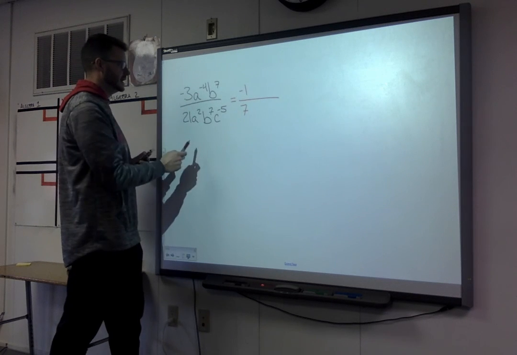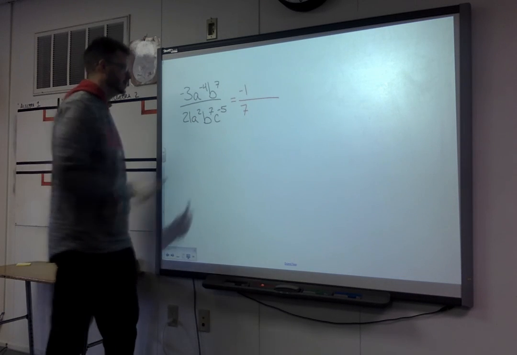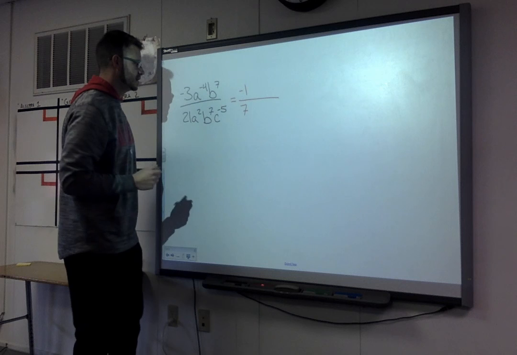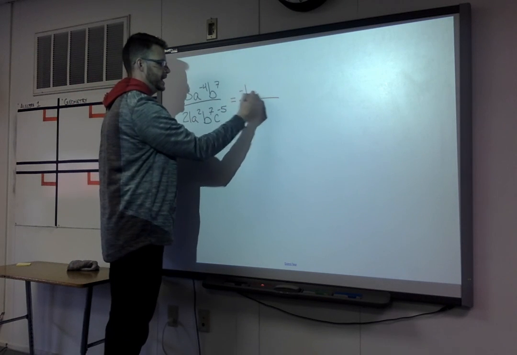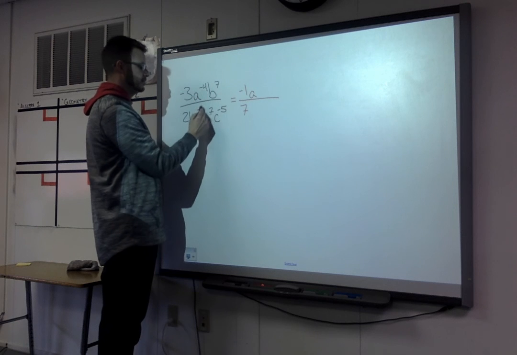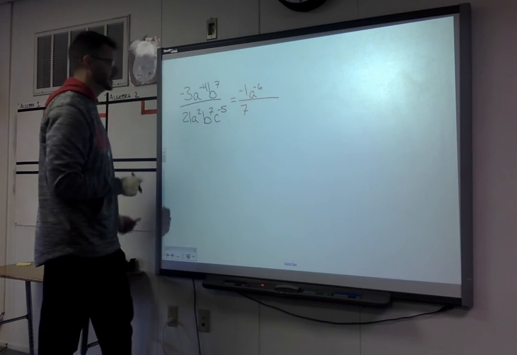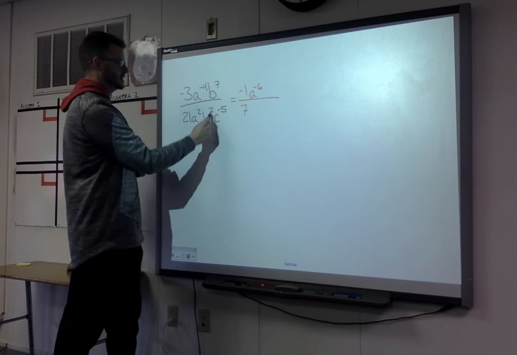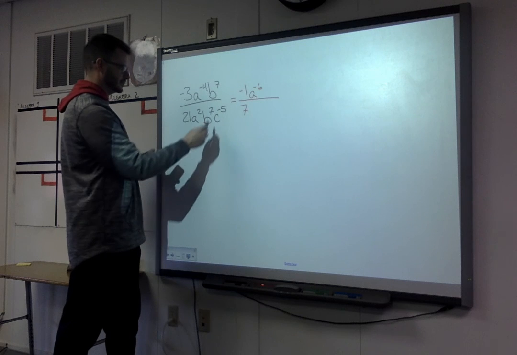So a to the negative 4th divided by a squared. Remember, when we divide monomials, we subtract the powers. So this would become a to the negative 4 minus 2, which gives us negative 6. Then b to the 7th divided by b to the 7th, those cancel each other out.